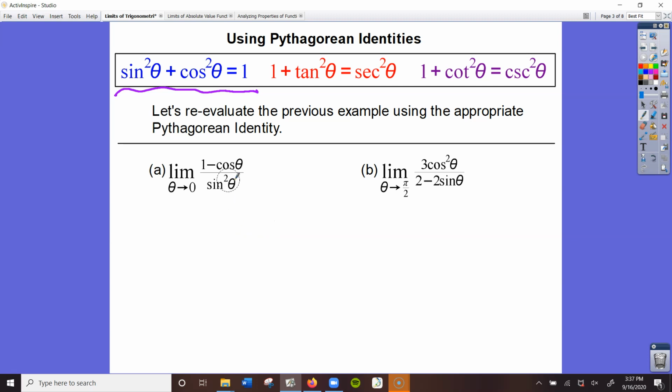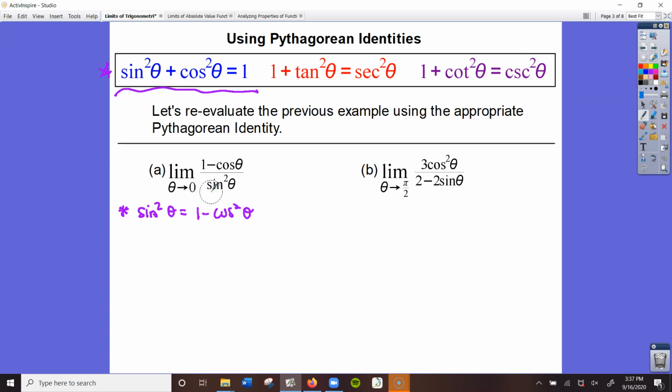So now how do we use them? If you ever see a trigonometric function that is being squared, maybe we can replace it with one of our Pythagorean identities. If I take our very first Pythagorean identity and solve for sine squared, I would have to subtract the cosine squared. That means that sine squared of theta would equal 1 minus cosine squared of theta.